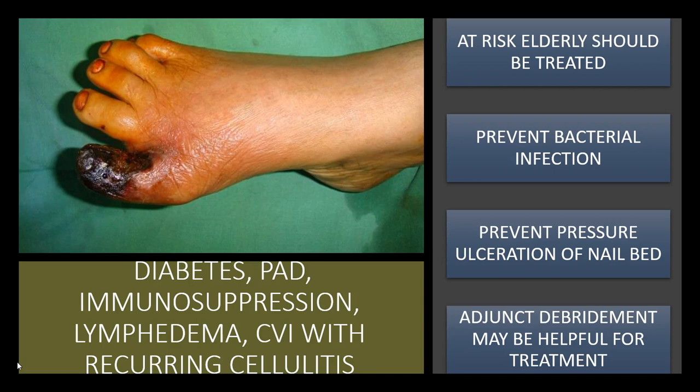At-risk populations where we need to consider active treatment include the diabetic patient, patients with peripheral arterial disease, the increasingly confronted population of patients who are on immunosuppressive therapy for cancer, for inflammatory arthritic disorders, inflammatory bowel disease, and so forth, and patients who have lymphedema or chronic venous insufficiency with recurring episodes of cellulitis.